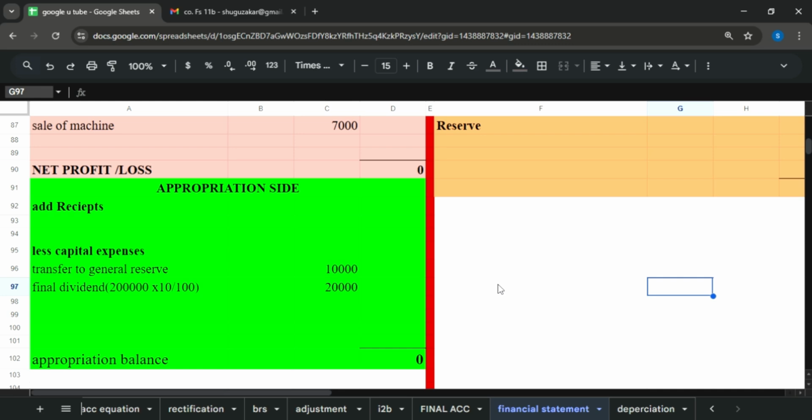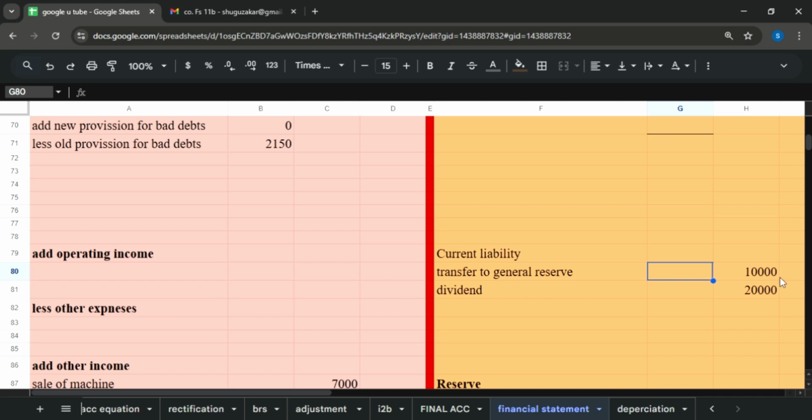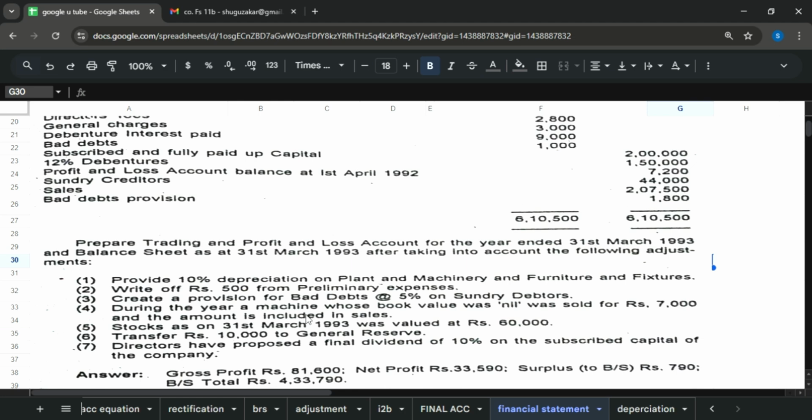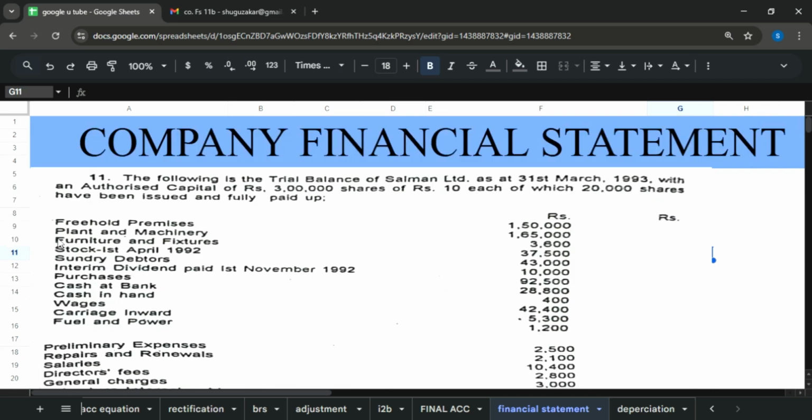Okay, look here, 10% of 2 lakh is the amount of dividend on the appropriation side and 20,000 on the liability side. The dual effect is completed. So guys, you have seen that these were 7 adjustments, and each adjustment had 2 effects. We have completed all of them. Now we can focus upon our trial balance.